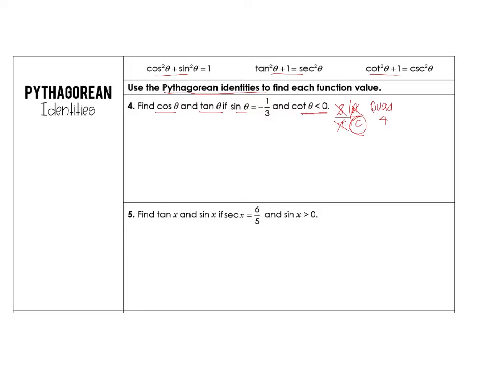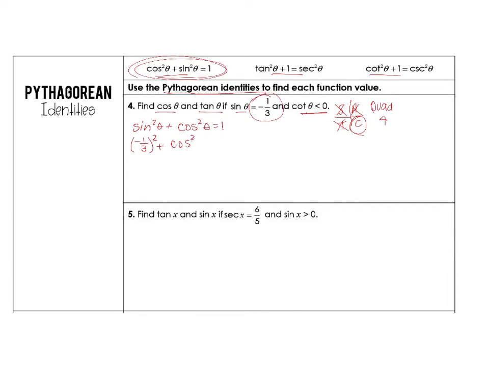Now we also know, we're going to use this first identity up here. So sine squared theta plus cosine squared theta is 1. In place of sine, I'm going to put negative 1/3 because we're told that is its value. Now don't forget about keeping that squared.